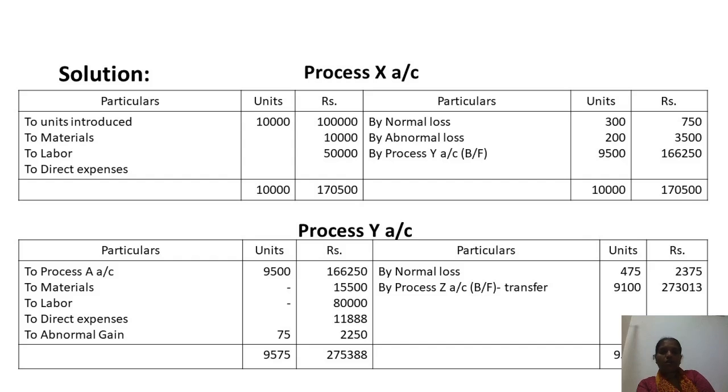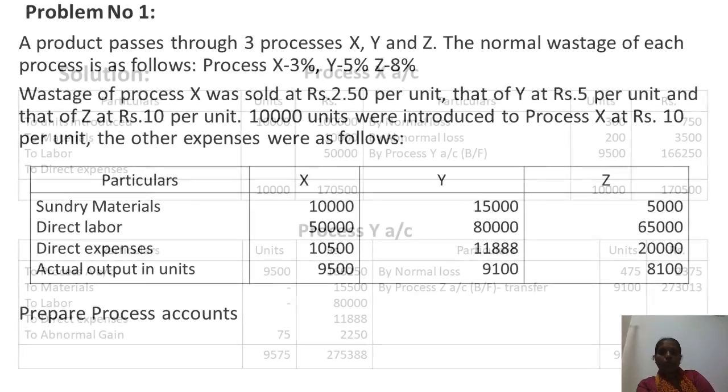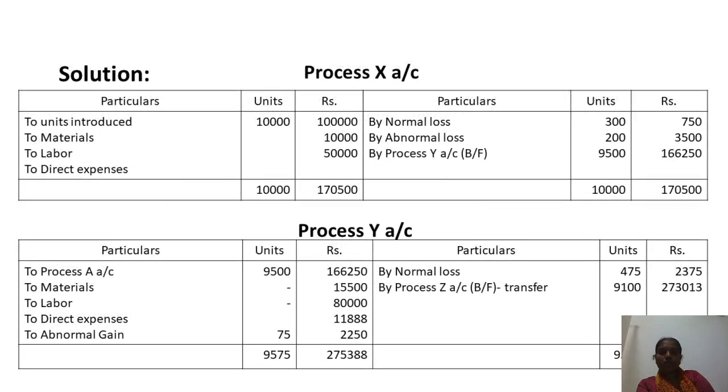Then in the same way, how many units are being put in the process Y account? That is 9,500. And for the normal loss, now we have to find out the abnormal gain in this case.